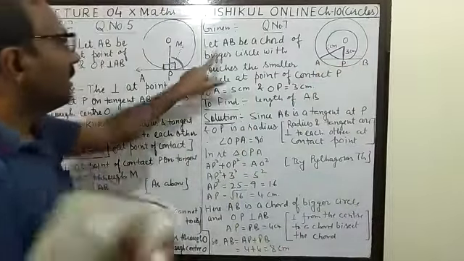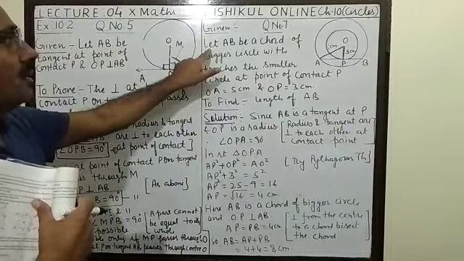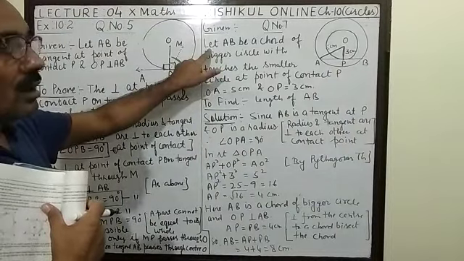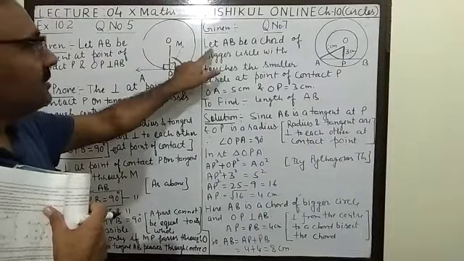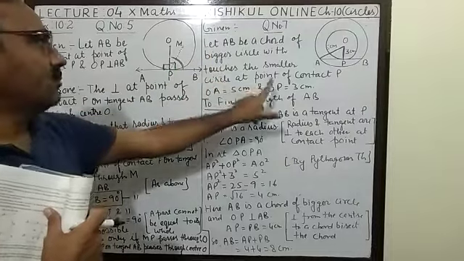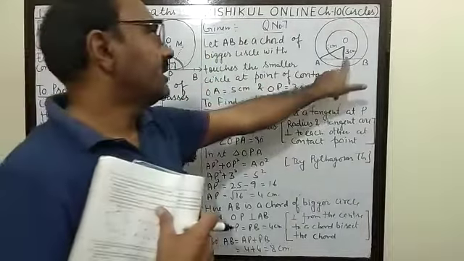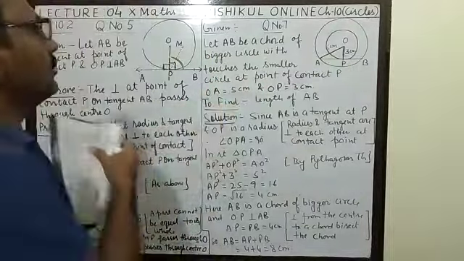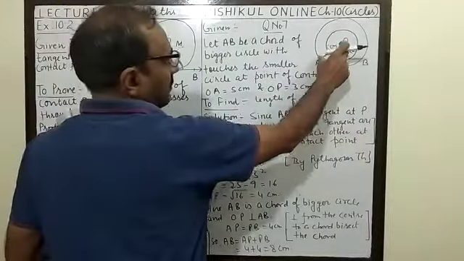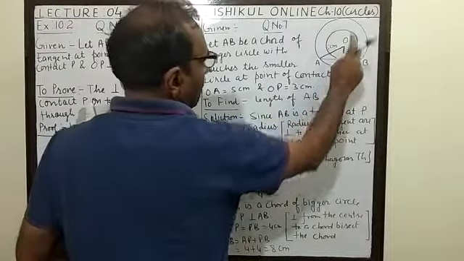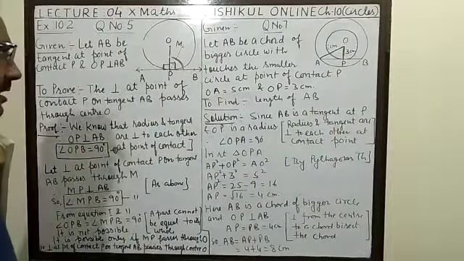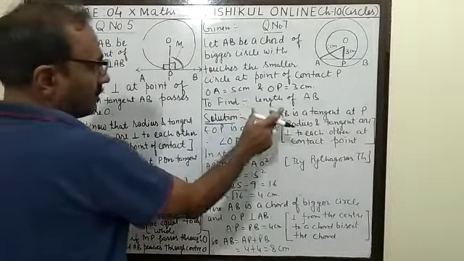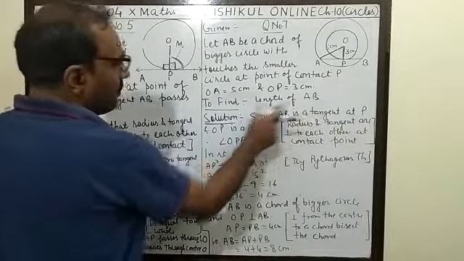You know very well. Let AB be a chord of the bigger circle which touches the smaller circle at point of contact P, and OA is 5 centimeter, OP is 3 centimeter, and how can you find this length AB?